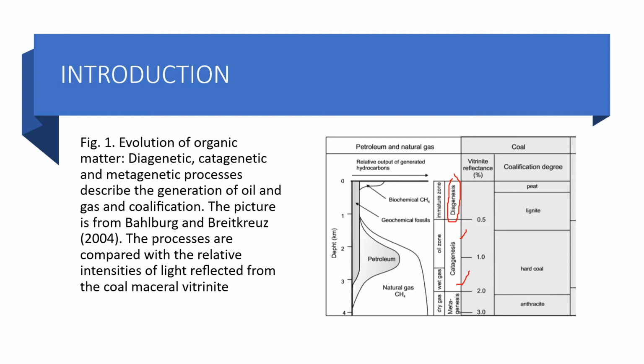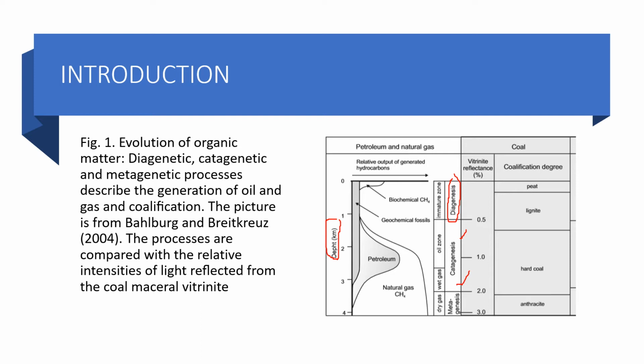These depth variations, please remember these numbers, for depth 1 and maybe 3 kilometers, these are arbitrary numbers. The actual depths for these occurrences of diagenesis, catagenesis, and metagenesis largely depend on the geothermal gradient.